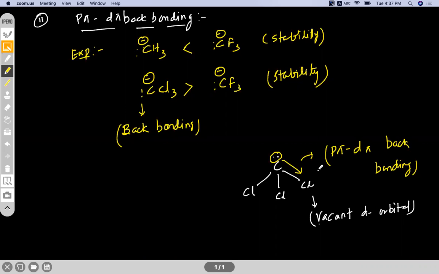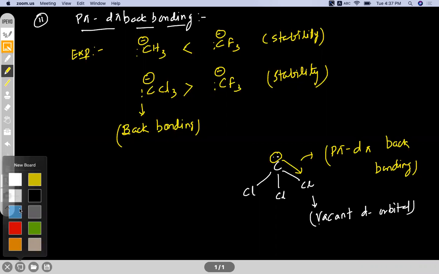If you see these two molecules, another example here, suppose we have N(CH3)3 with lone pair on nitrogen atom, and another one is N(SiH3)3 with lone pair.